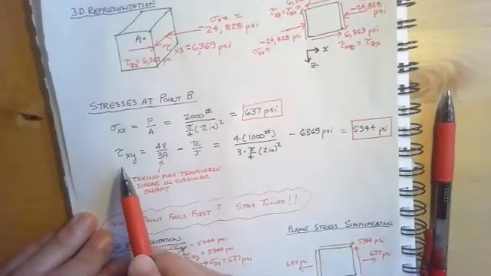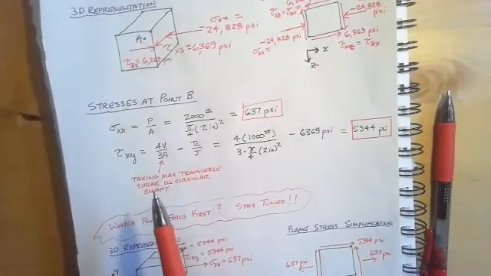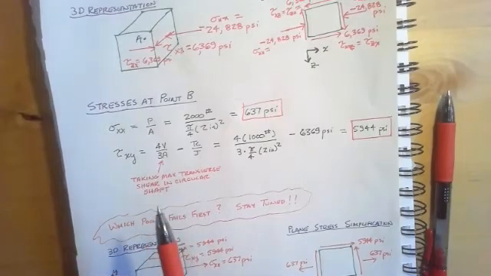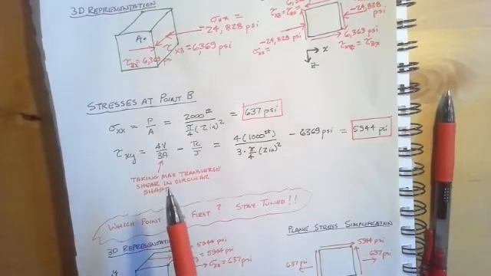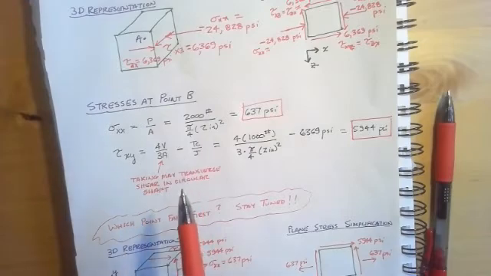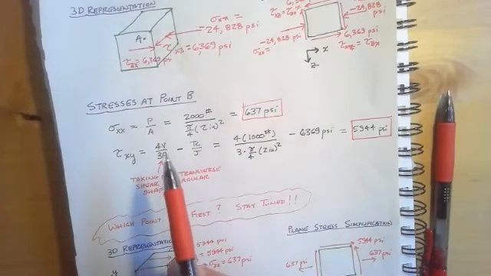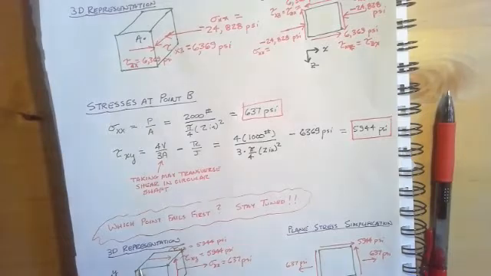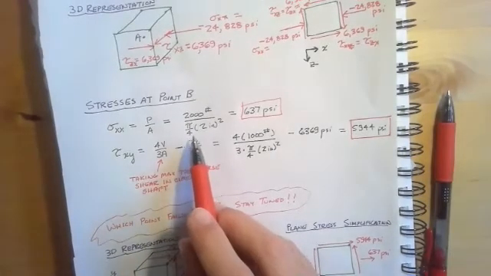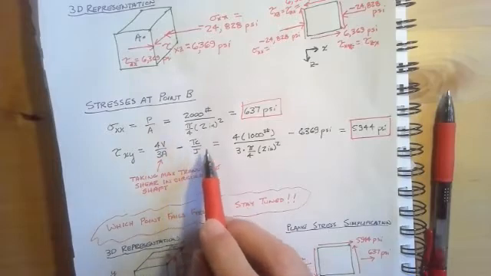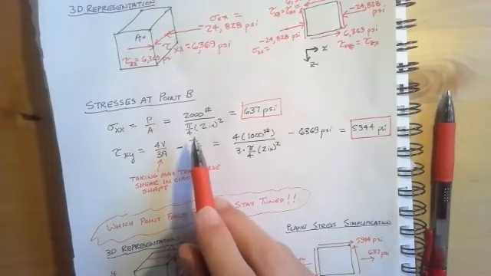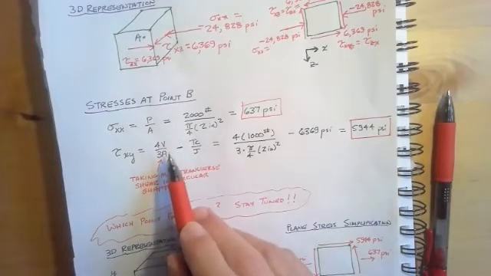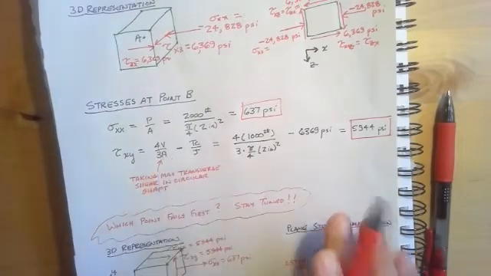For tau XY, I'm going to take advantage of the fact that I have a circular cross section, and I'll take the maximum transverse shear in the circular shaft as 4V over 3A. We talked about that formula in our video on transverse shear. And then we're going to take away TC over J because it's acting in a sense opposite of the transverse shear stress.